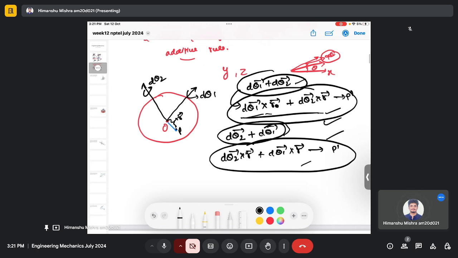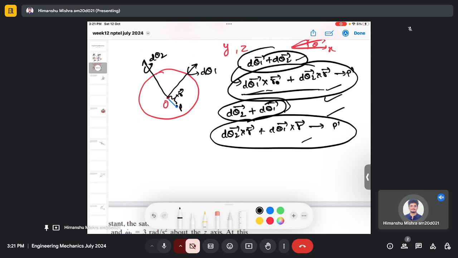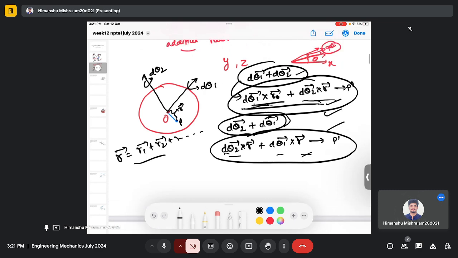A vector can follow the linear combination of other vectors. For example, if there is a vector, it can be defined by r1 plus r2 plus and so on. So it follows the additive property, and from here it satisfies the additive property. And if you reverse the case, it moves to the same point.